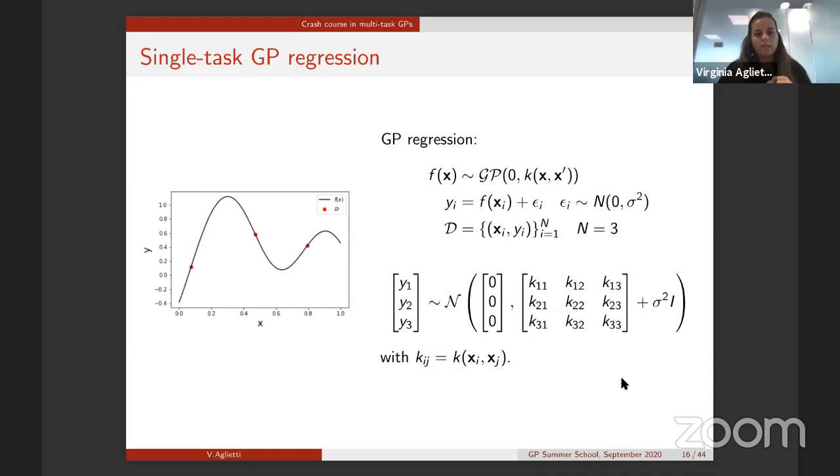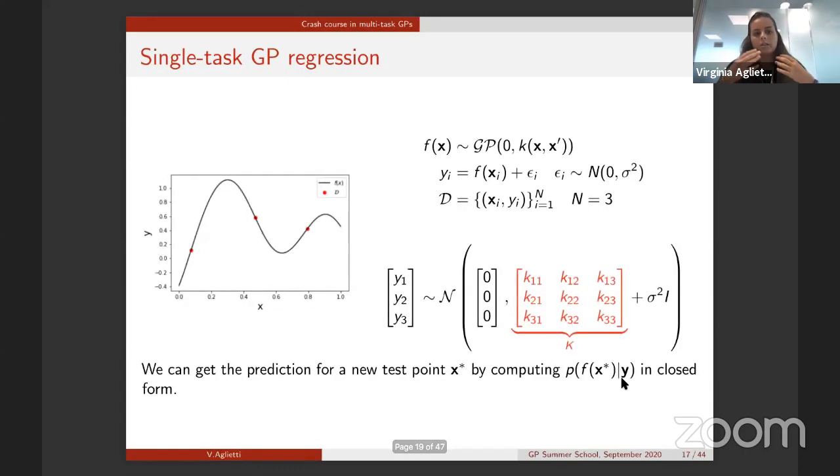In this case, I have 3 data points, which is multivariate Gaussian. I'm assuming here a mean function of 0, and a covariance function that is computed from the kernel function and the inputs that you've collected. What you can do here is get a prediction for a new test point by computing the predictive distribution, which in the case of a GP regression is available in closed form.